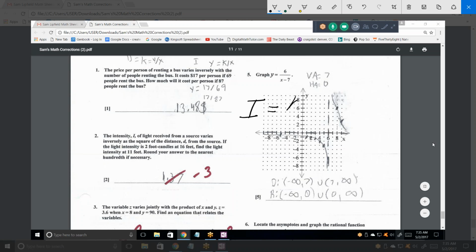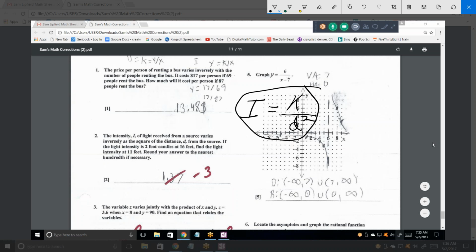K is always in the numerator or a multiplier. Inversely means the variable is in the denominator, and it's the square of the distance. So that's how I would write the intensity varies inversely with the square of the distance. And all of these have a K in them, whether it varies directly or jointly or inversely.